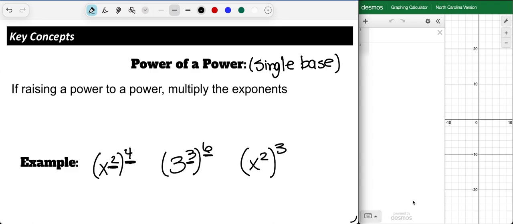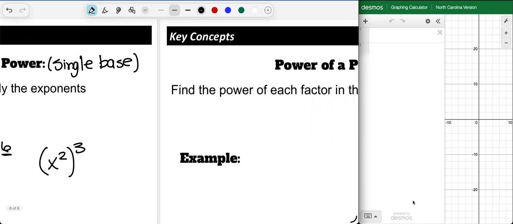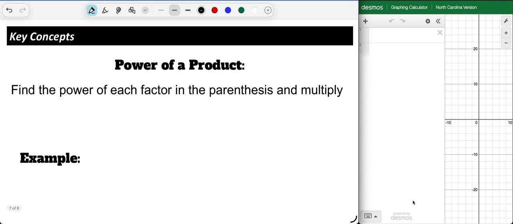Okay. Now, the next law is power of a product. Power of a product is basically saying that we need to find the power of each factor in the parentheses and multiply it. So powers are exponents.